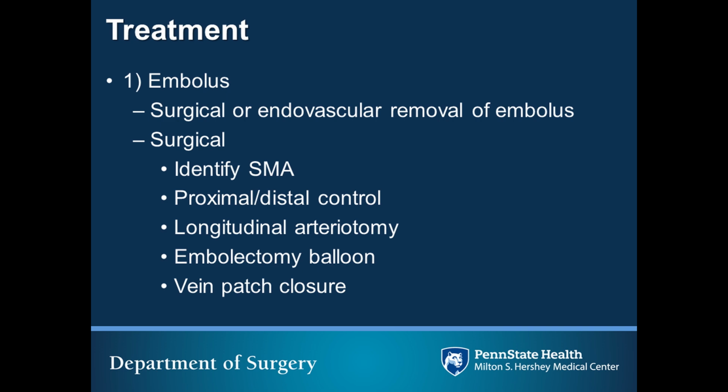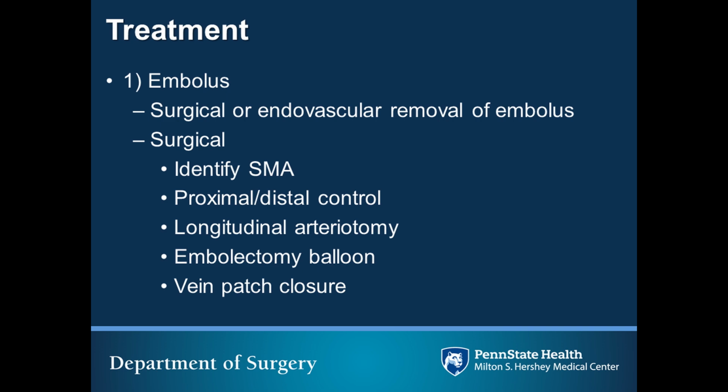The specific therapies for each type of acute mesenteric ischemia are very intuitive if you consider the cause of the obstruction of blood flow in each case. For patients with an embolic source, surgical management involves removal of the embolus to restore blood flow. To do this, the superior mesenteric artery is identified surgically, and then proximal and distal control is gained.